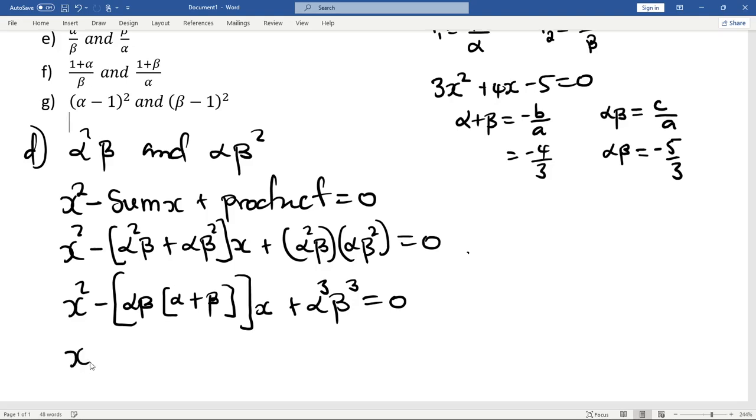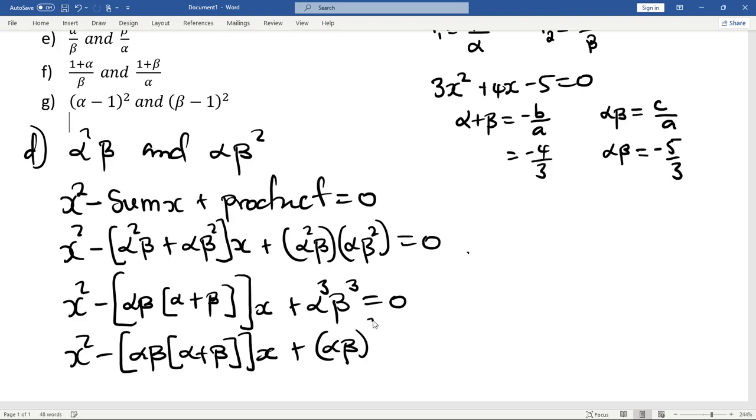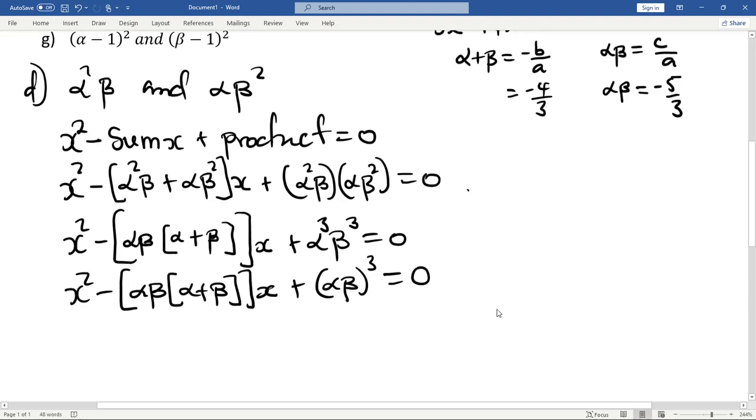Okay, so now we have x squared minus open brackets alpha beta, alpha plus beta multiplied by x plus alpha beta to the power 3, since they all share the same power, so I can just put them together in the brackets and then we substitute the values there. Since we have the value of alpha beta this side, we also have the value of alpha plus beta here.